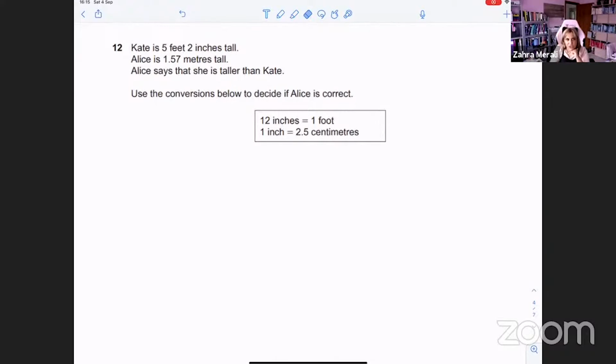Now for this question, it was actually on a calculator paper, which is quite nice because the mental arithmetic here would have been a bit annoying. So we've got 5 feet and 2 inches. But let's imagine it wasn't on a calculator paper and work through this. So 1 foot equals 12 inches. So let's make everything into inches and then inches into meters.